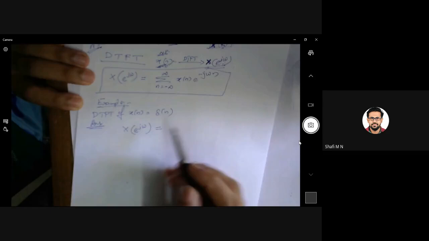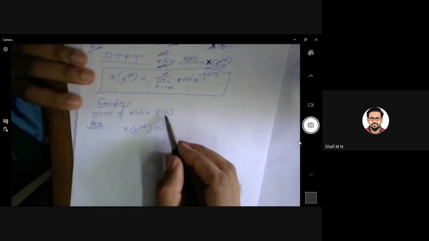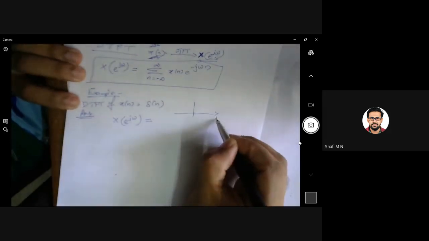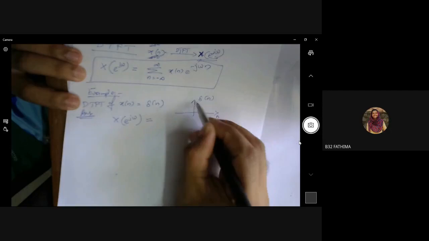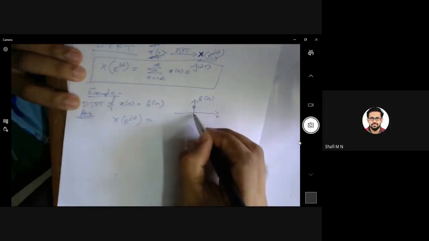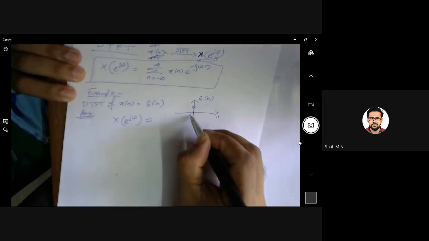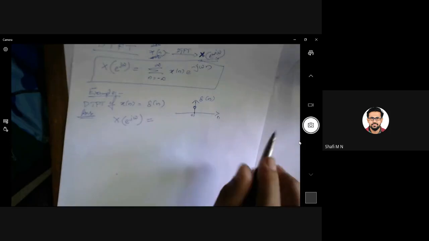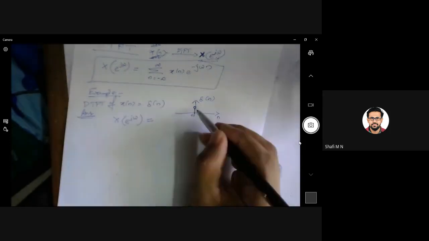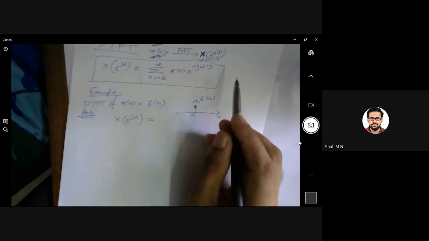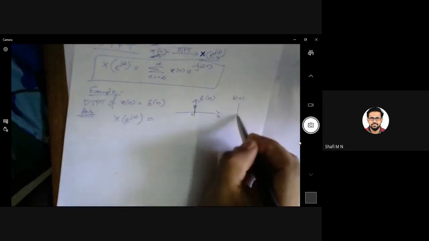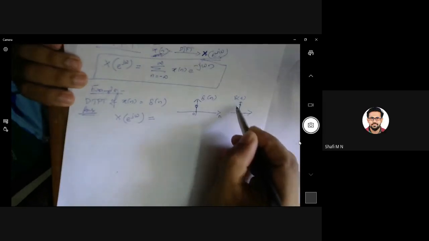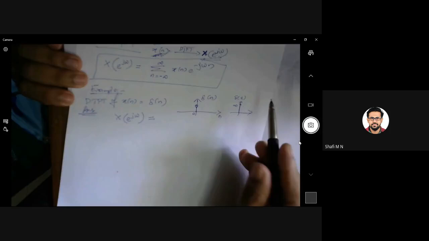So that is equal to, this signal is valid only at which time? Del of n. What is del of n? Del of n, unit impulse. So what is the difference between del of t and del of n? Del of t, what will be the amplitude? Del of t, the amplitude will be infinity.